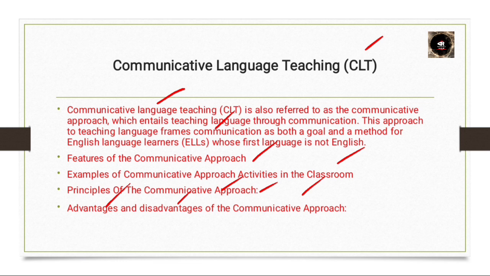The third disadvantage is lack of accuracy. The main focus of the approach is on fluency rather than language accuracy. And the fourth disadvantage is lack of error reduction. The approach does not focus much on removing the errors of the learners, meaning learners' errors are not focused on.